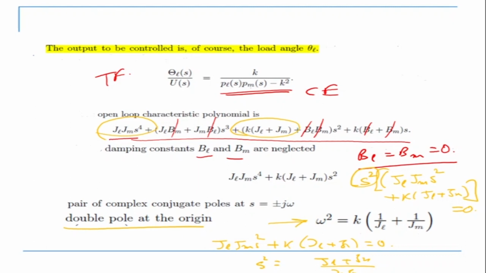And this basically gives us a pair of complex conjugate poles at j omega. Because it is minus, when it goes on the right hand side, S squared will become minus. So you have two poles at 0, S squared is at 0, and the other S squared gives complex conjugate poles. So this is a stable system, because all the roots are on the j omega axis.